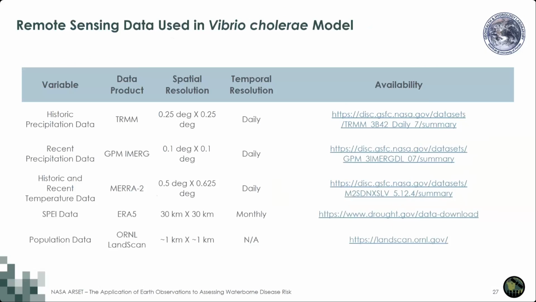We've also started to incorporate drought as a component, which I'll talk about a little bit later. We use SPEI data for the drought index from ERA 5 reanalysis. And finally, for population data, we use ORNL Landscan products. All these sources are available publicly online for free, where anyone can go and download them if they wish to view the same data sets.